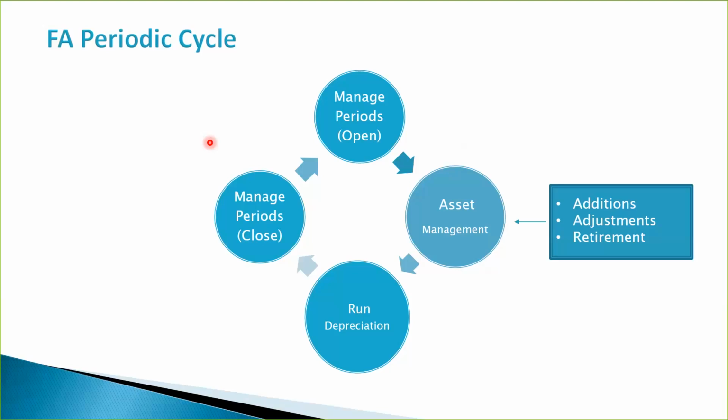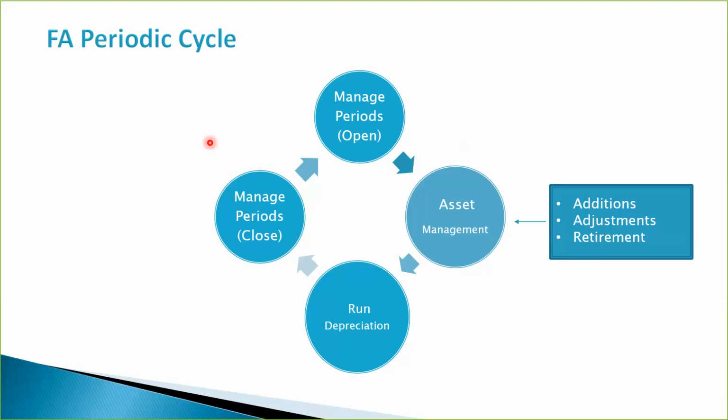But also, as we will see, in order to close periods in FA, you have to run depreciation. So you can run depreciation without closing the period, but in order to close the period, you have to run depreciation. When you're running depreciation, you also select the option whether you want to close that period or not.